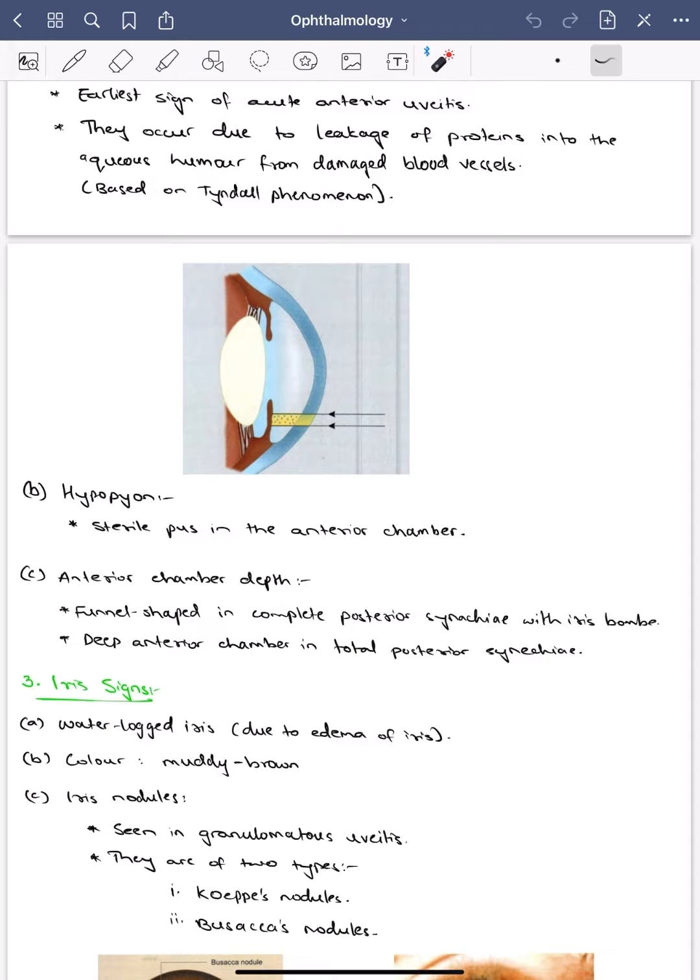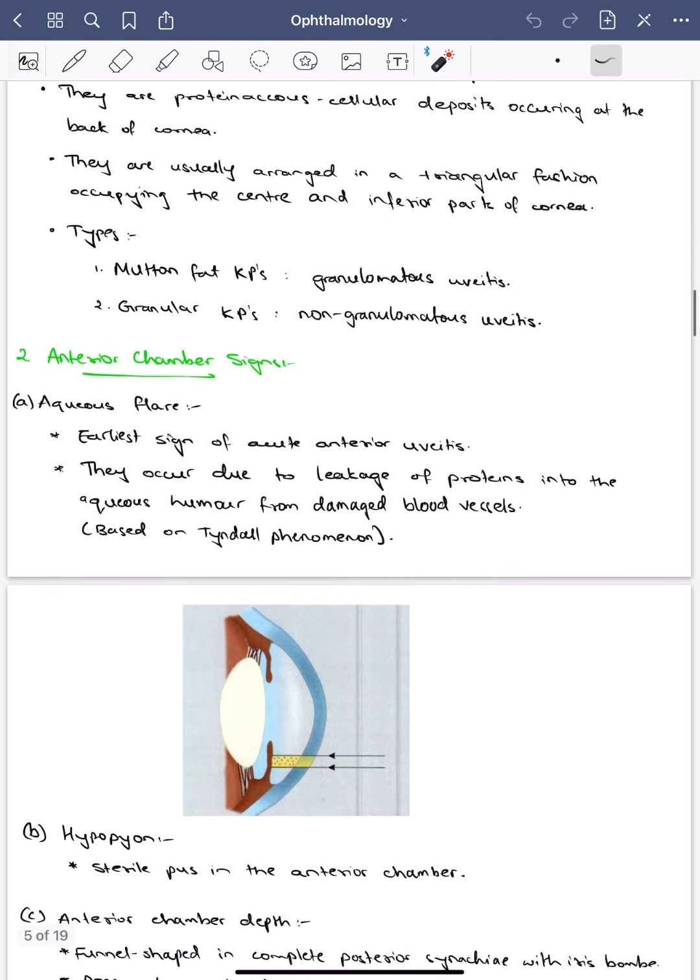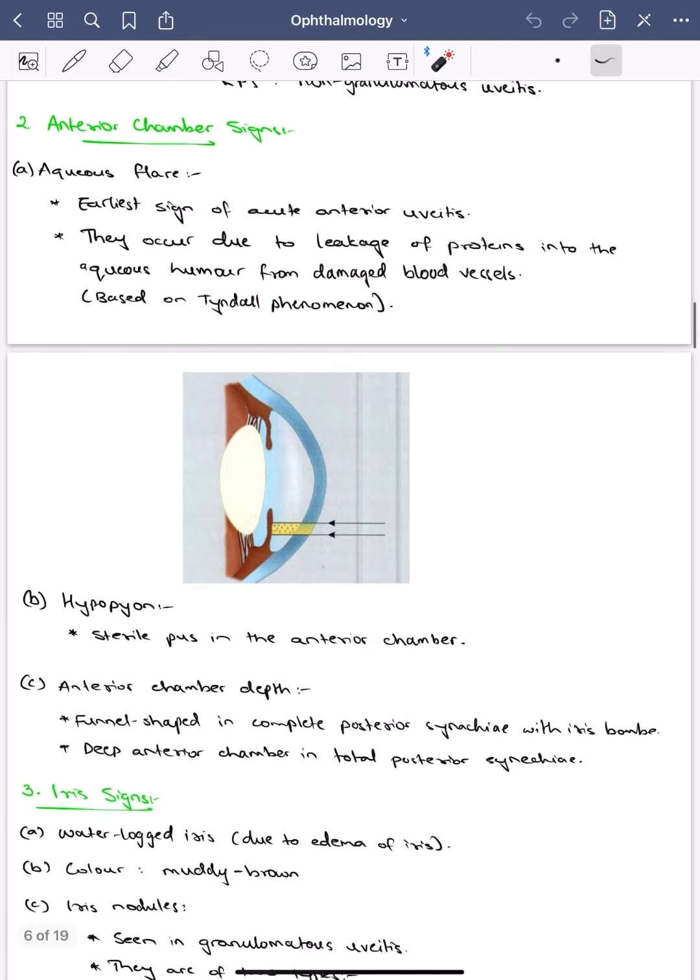For now, just remember, I'll explain it later. We have funnel shaped incomplete posterior synechia with iris bomb, and deep anterior chamber in total posterior synechia. We'll come back to this later. So again, the important anterior chamber signs are aqueous flare and hypopyon, and some aqueous cells may also be seen.